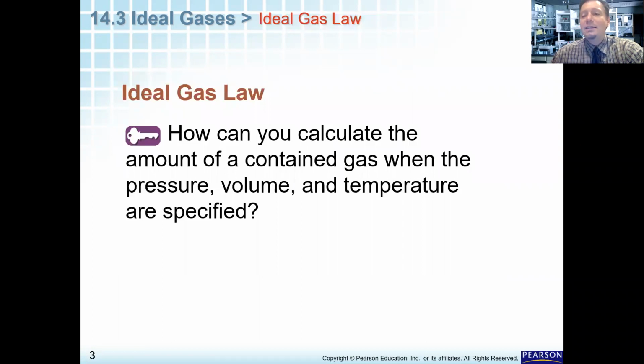So the ideal gas law. How can you calculate the amount of a contained gas when the pressure, volume, and temperature are specific? So we're talking about the amount of a contained gas, so we're talking about moles. Well, we already learned about moles in a gas.